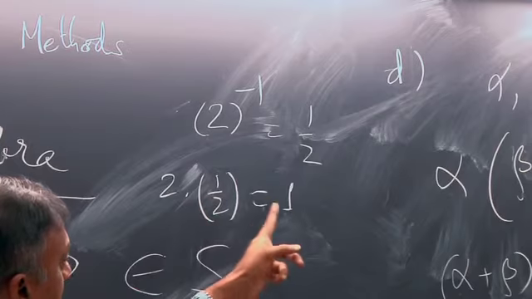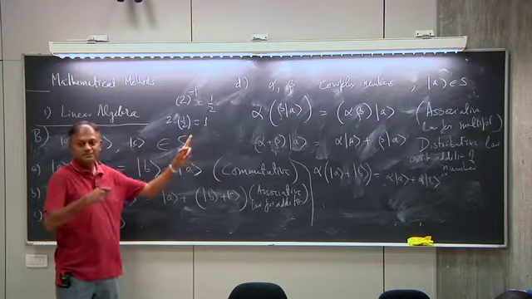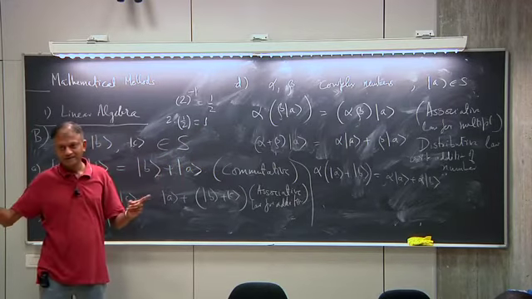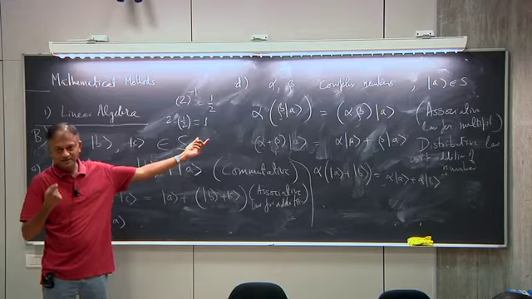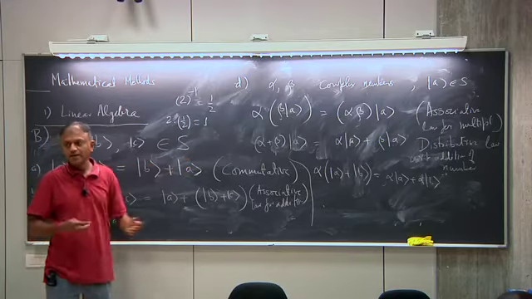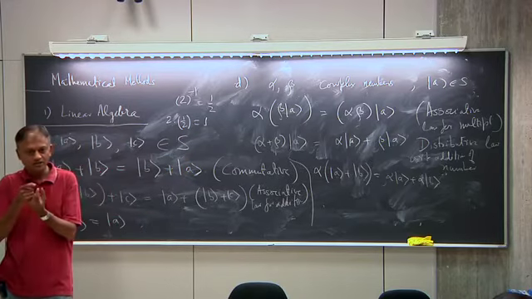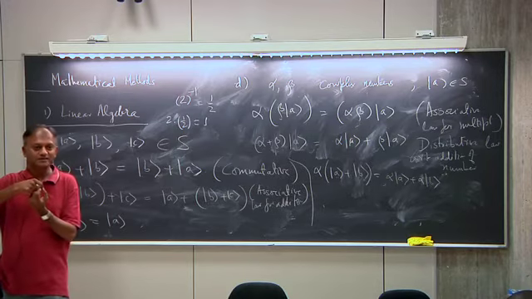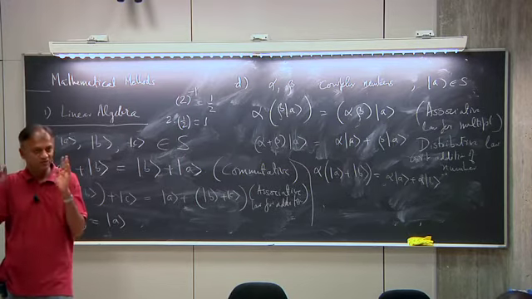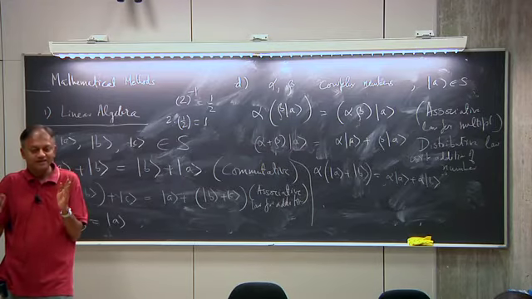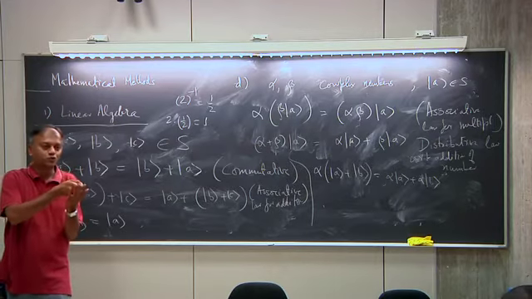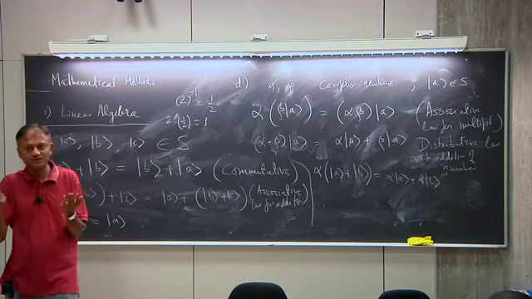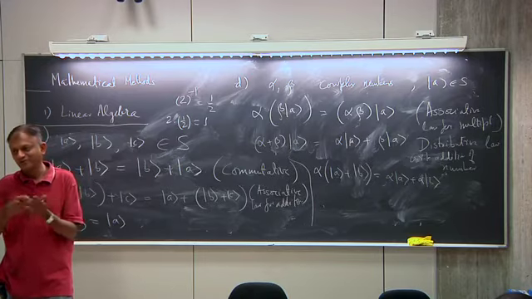In multiplication, 1 times anything is the same thing, right? So 1 is a very special element. Similarly, when you talk about addition, 0 is a very special number, because 0 plus something is again the same thing. So when you talk about the inverse with respect to addition, not multiplication, if I give you 2, the inverse of 2 with respect to addition is -2, because 2 minus 2 gives zero.